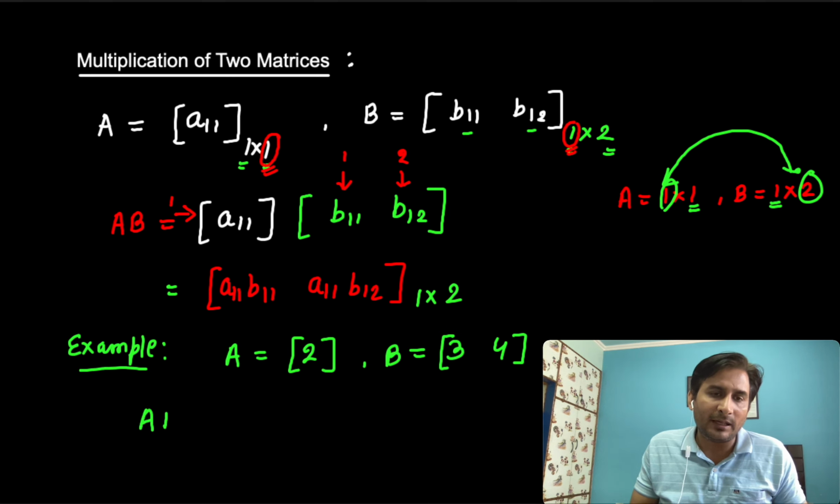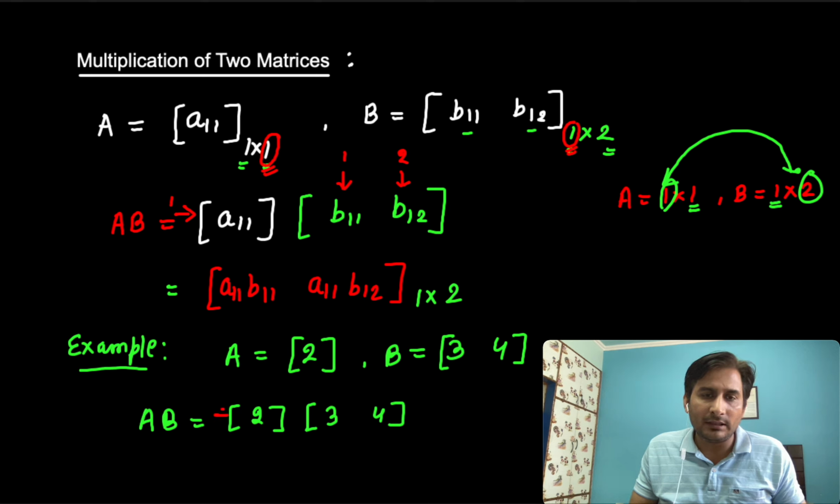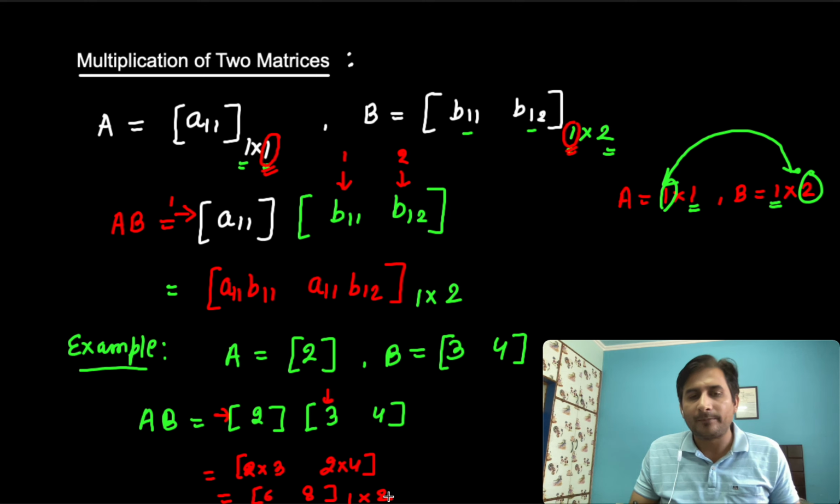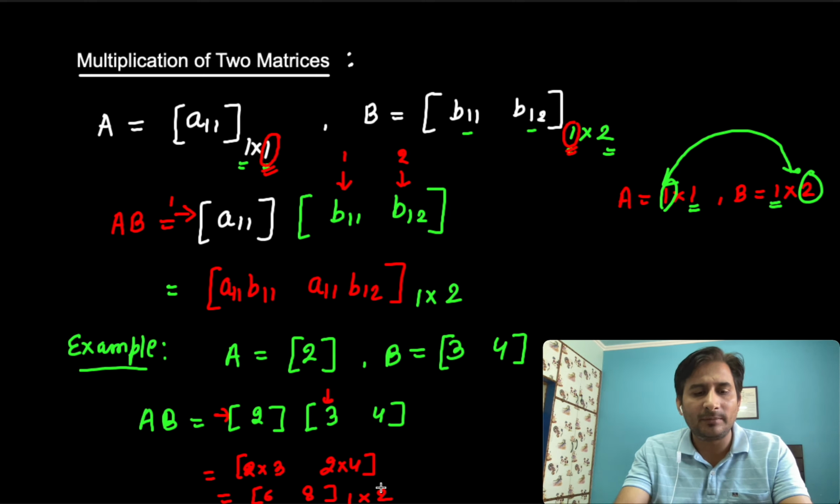If you need to multiply matrix A with B, first of all, this 2 is multiplied with this 3, so the answer is 2 into 3, 6. Then this 2 is multiplied with this 4, 2 into 4, 8. So this is the new matrix having elements 6, 8, and the order of this new matrix is 1 into 2. I hope this is a little bit clear to you now.